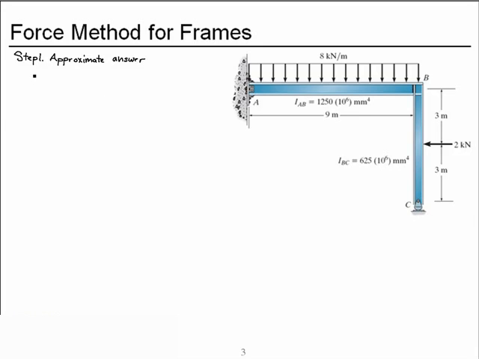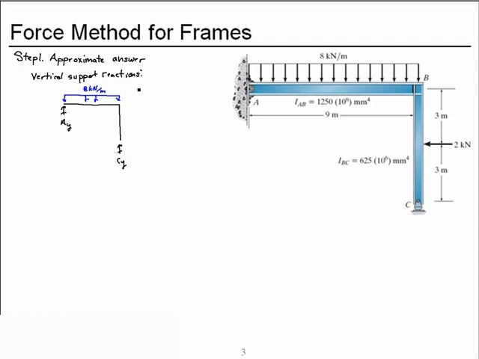To do that, let's look first at the vertical support reactions. So we have our frame with a vertical support at CY and AY, uniform distributed load across the top segment at 8 kilonewtons per meter.